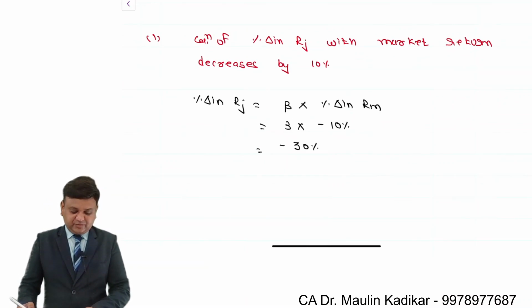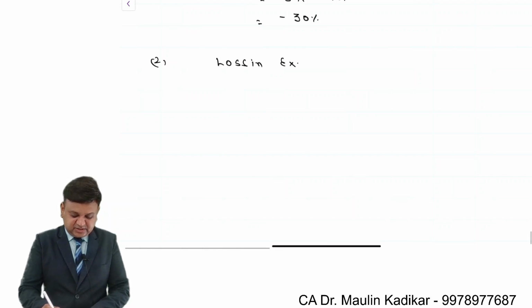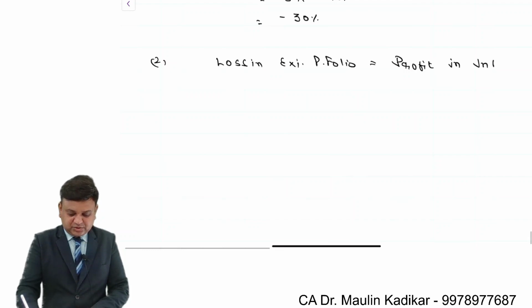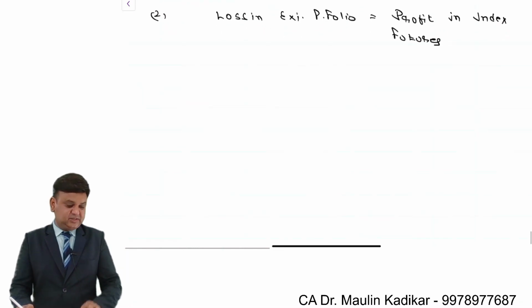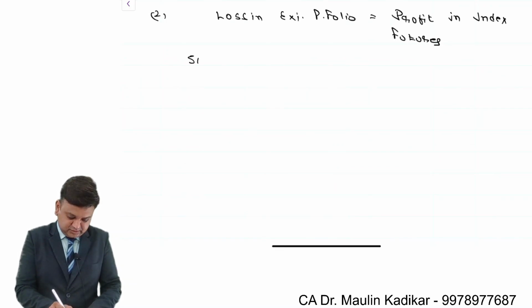Second question is the amount of the short position. We understand that the loss in the existing portfolio is equal to the profit in index futures. What is the loss in the existing portfolio? It would be 5 lakhs into negative 10% into 3.